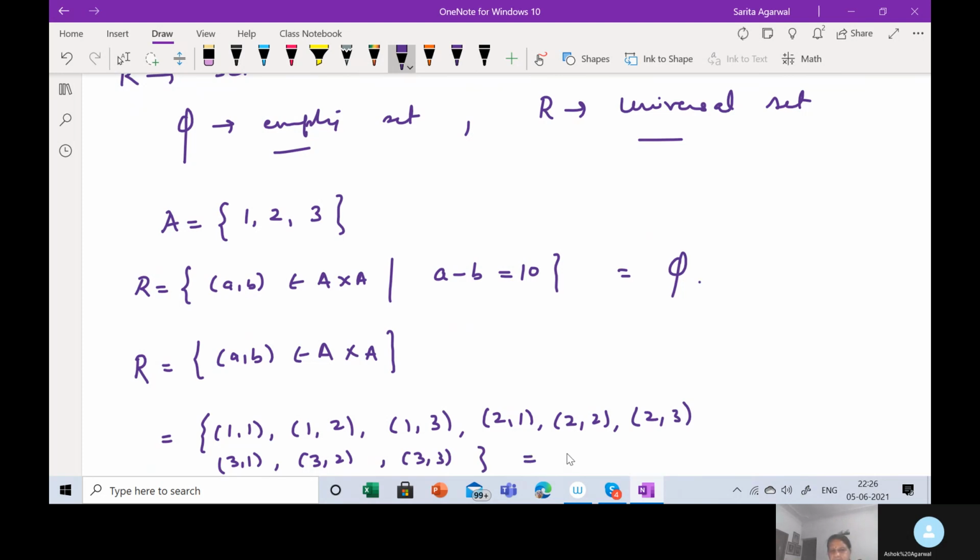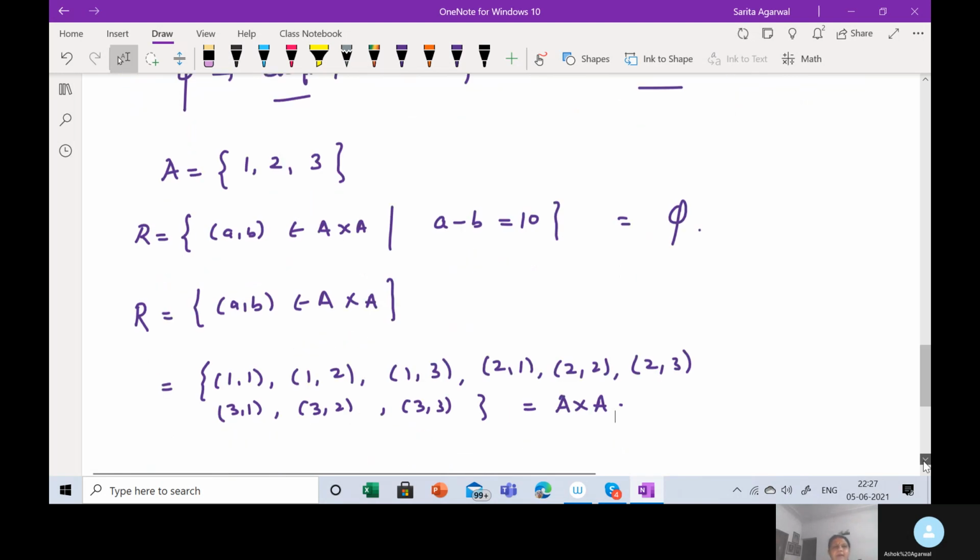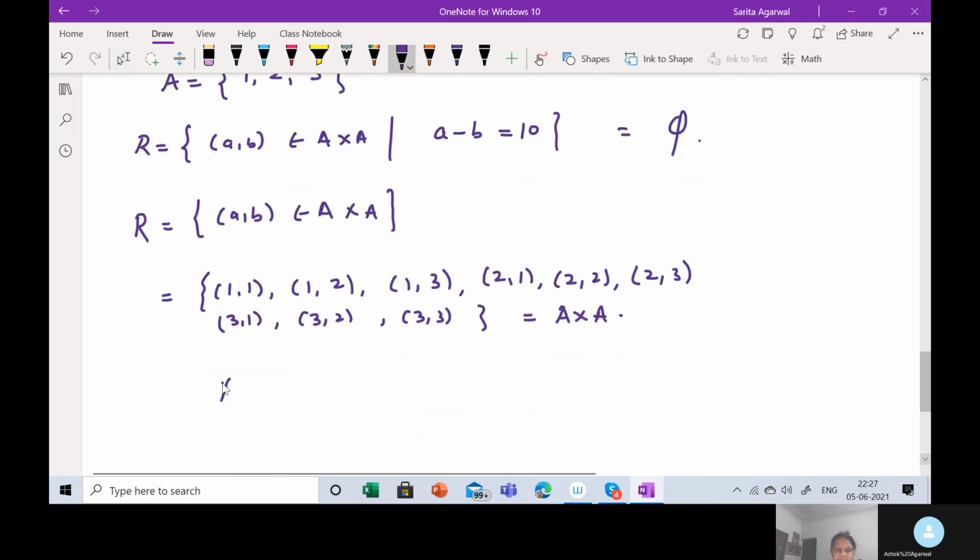Then we have 3,1, 3,2, 3,3. So this set is the Cartesian product, the set of ordered pairs of A's. Then this set is called the universal set.